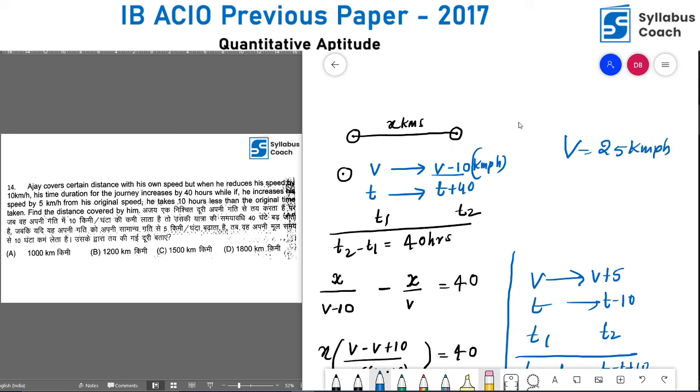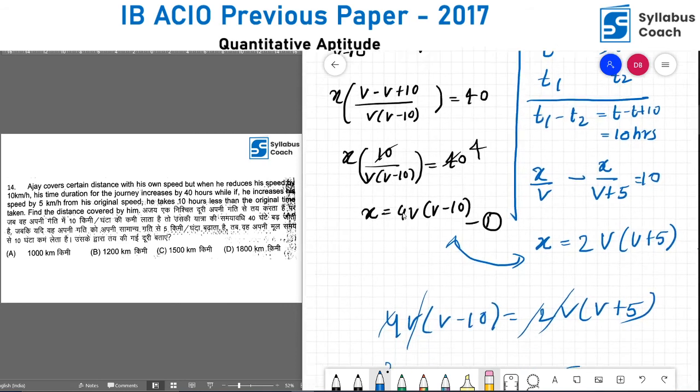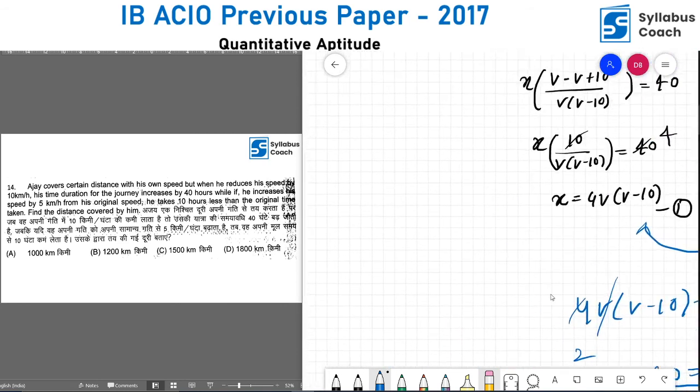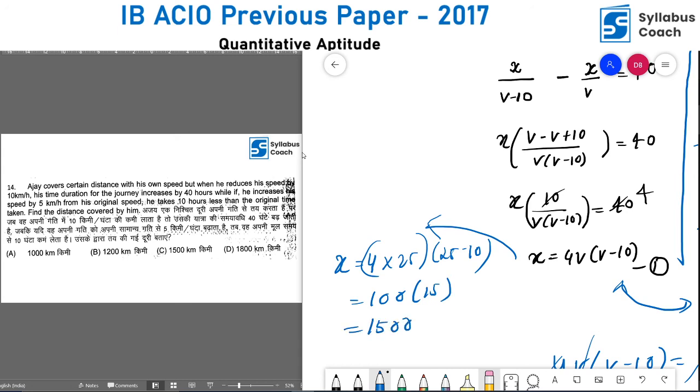If you look at this question, I have x is equal to 4v into v minus 10. I'll substitute this into this particular equation. So x is equal to 4 into 25 into 25 minus 10. Then I have 100 into 15. Then I get the distance as 1500 kilometers. So this is the answer for this question.